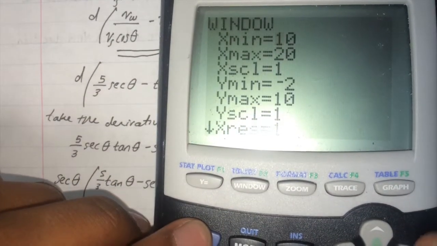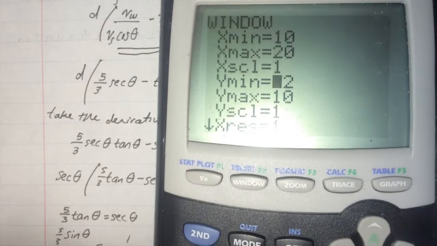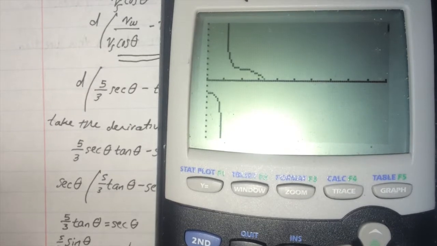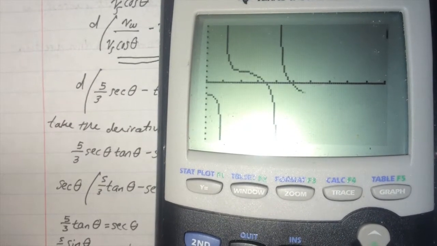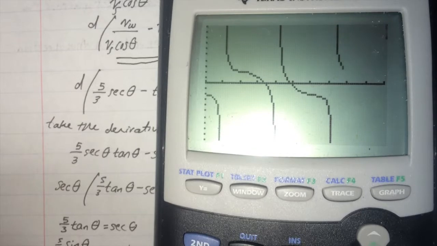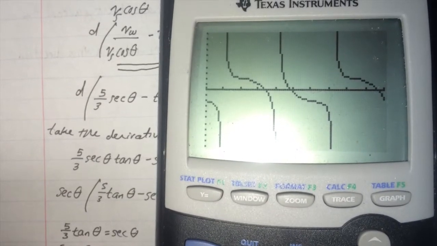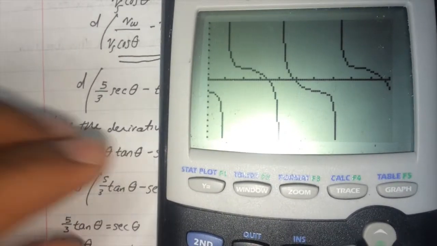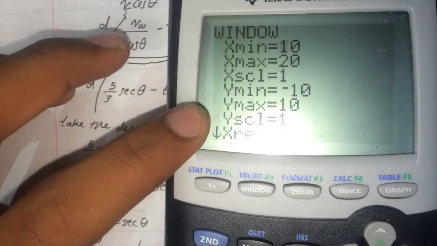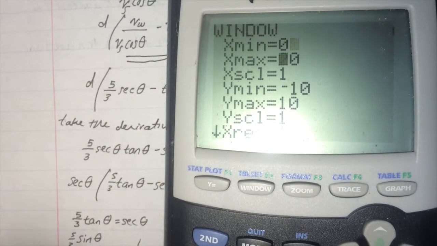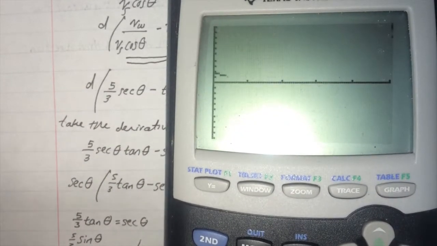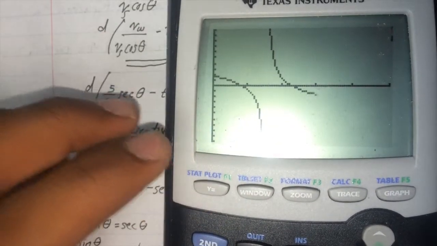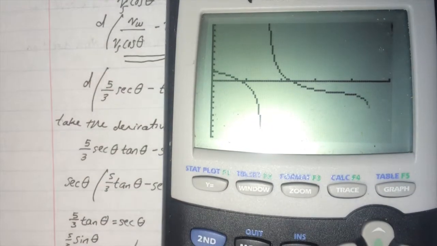Fix this window. So we get this unusual, funky looking graph. Oh, one second, let me adjust this real quick. So we want it pretty much where it hits that point.